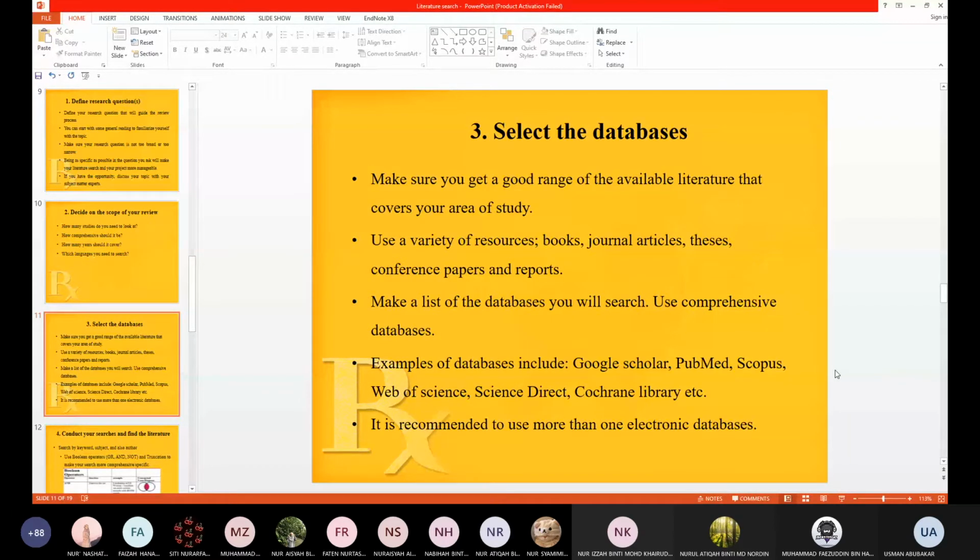So the ones that cover a broad range of topics will include Google Scholar, PubMed, or Scopus. And mind you, please try to use more than one database so that you can capture some of those studies that are not indexed in the first database in the second one.